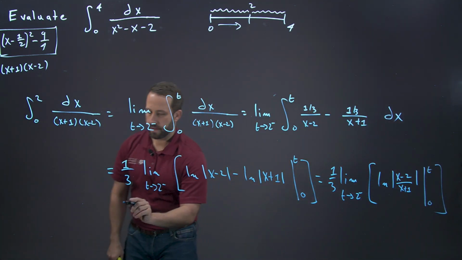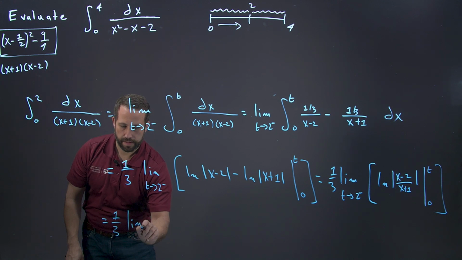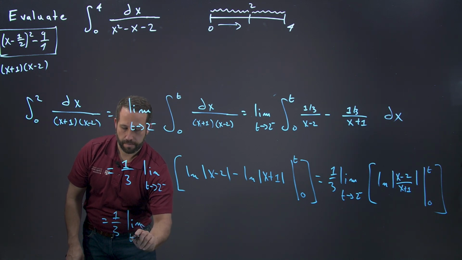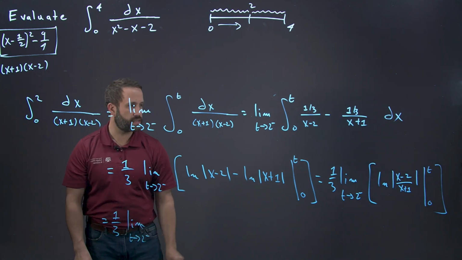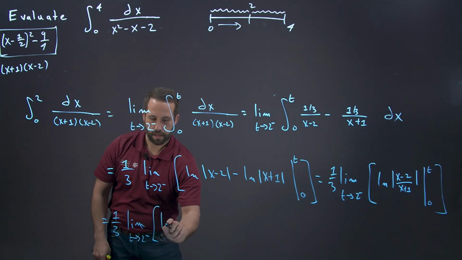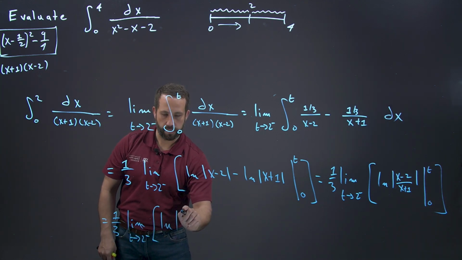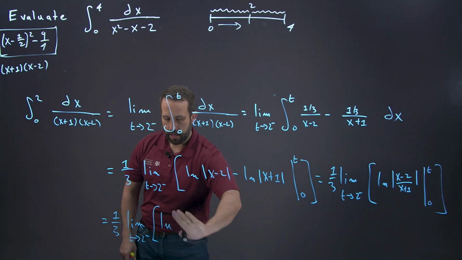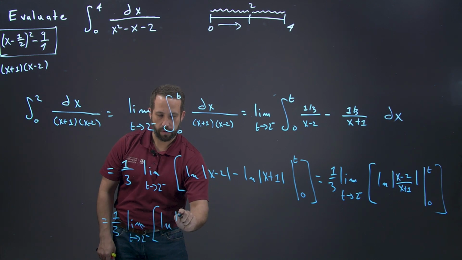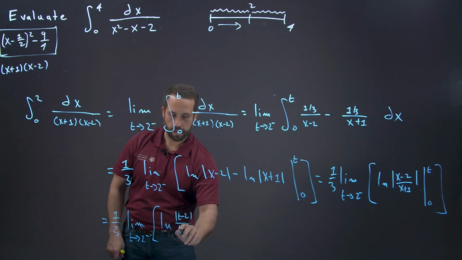Next, this is 1/3 times the limit as t goes to 2 from this side. If I plug in t, I'm going to get the natural log of the absolute value of t minus 2 over t plus 1.